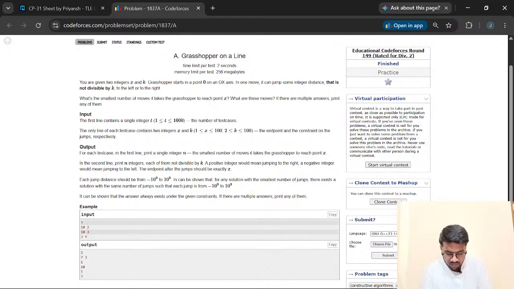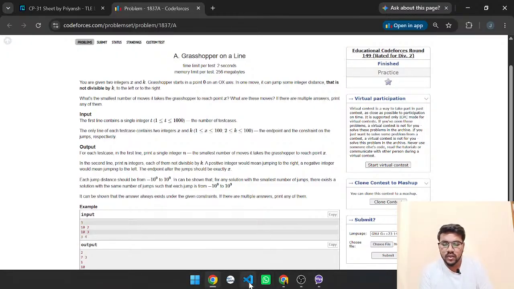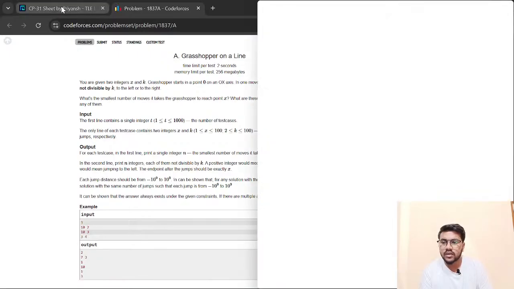If 10 is divisible by 2, then the first move we take is 10 minus 1, which is 9, and then we take 10 minus what is the first output, which is 1, and we get 10. I think I can code this directly now.